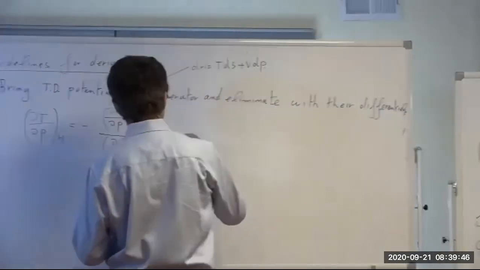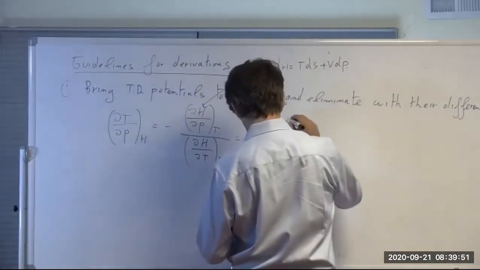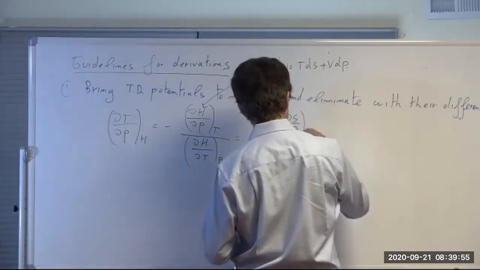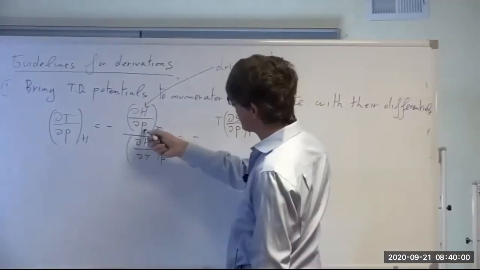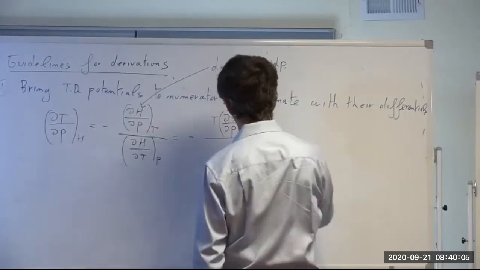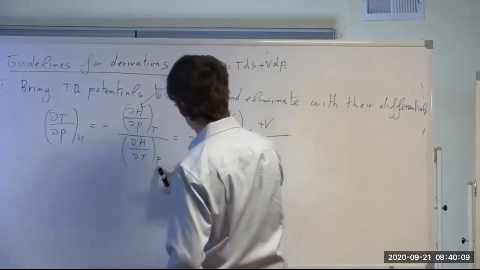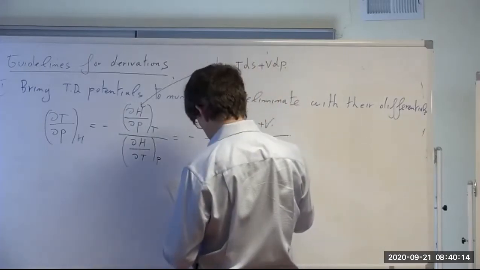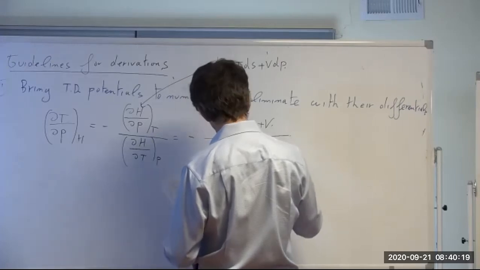So this is equal to minus T dS/dP at constant T, and then I get V dP divided by dP, so that's just V, divided by, now I take it at constant P, so the second differential goes away. So I just get T dS/dT at constant P.